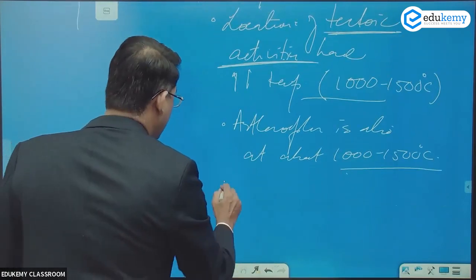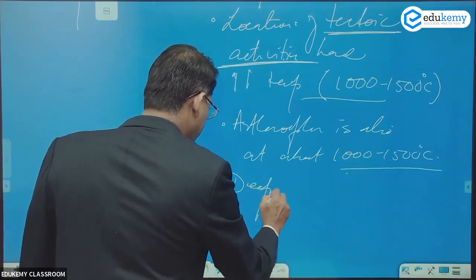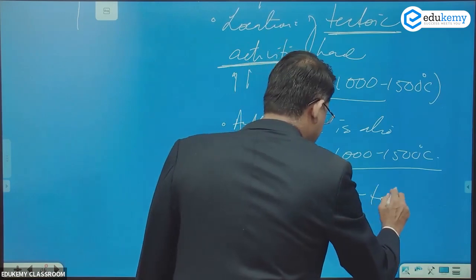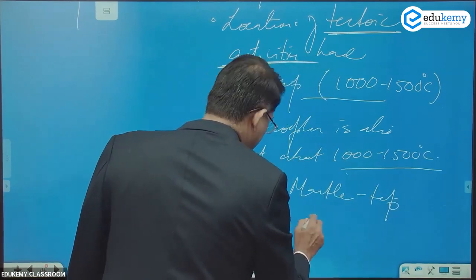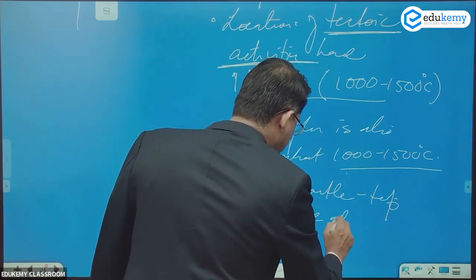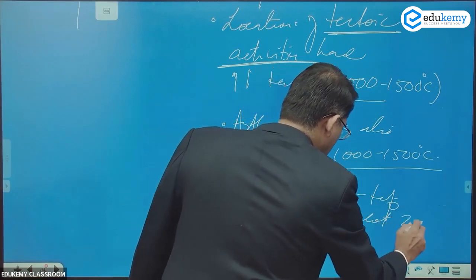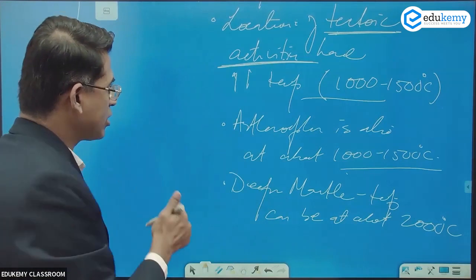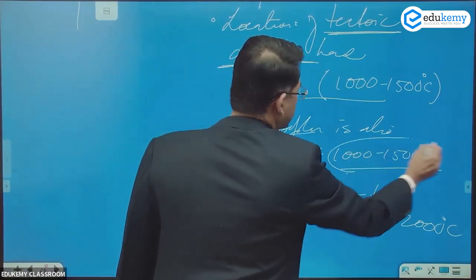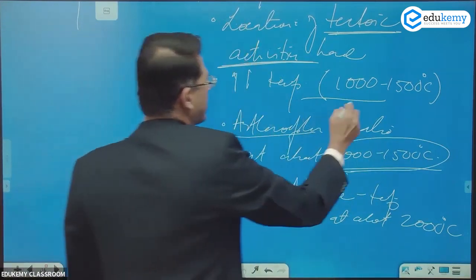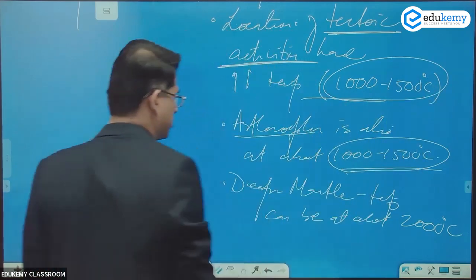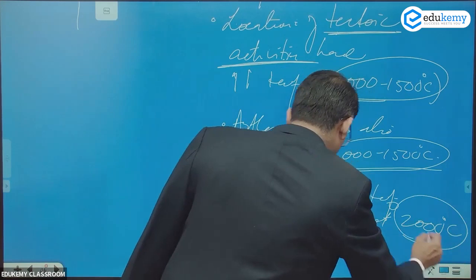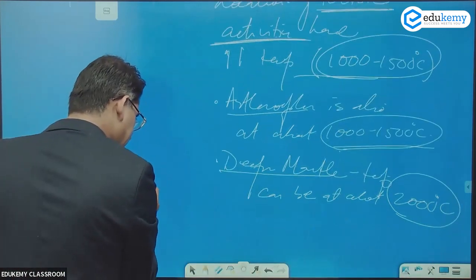Okay, deeper mantle, the temperatures can be at about 2000 degrees centigrade. Asthenosphere 1000 to 1500, tectonic areas 1000 to 1500. Deeper mantle, the temperatures can be about 2000 degrees centigrade.